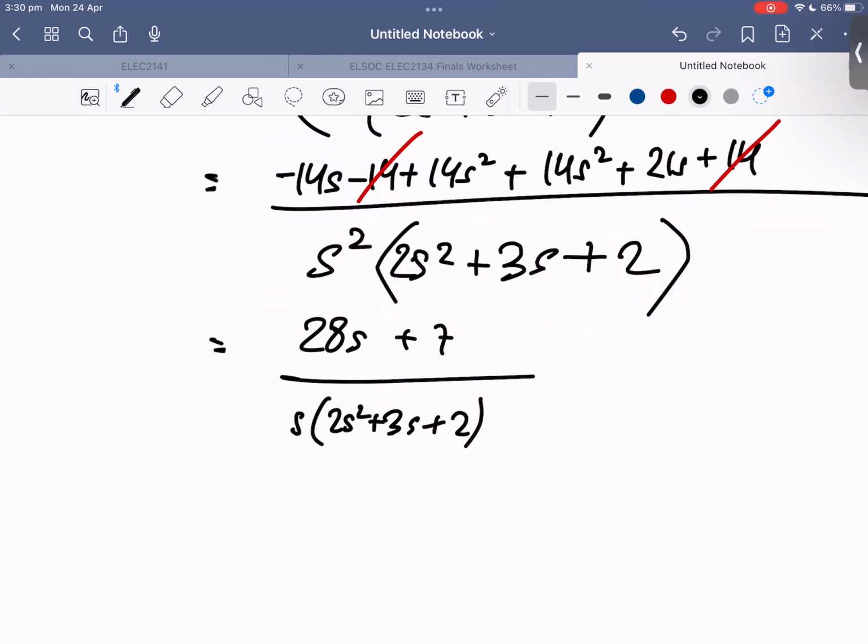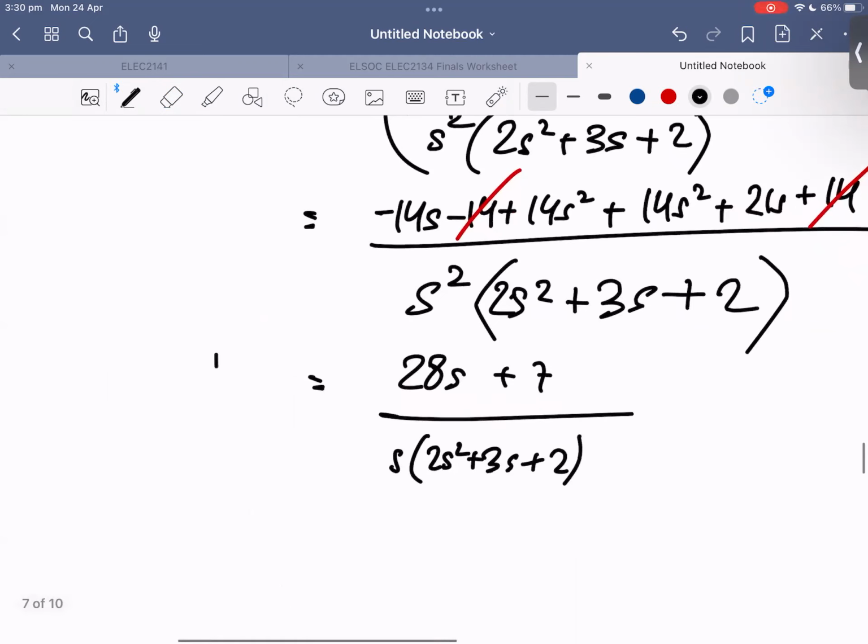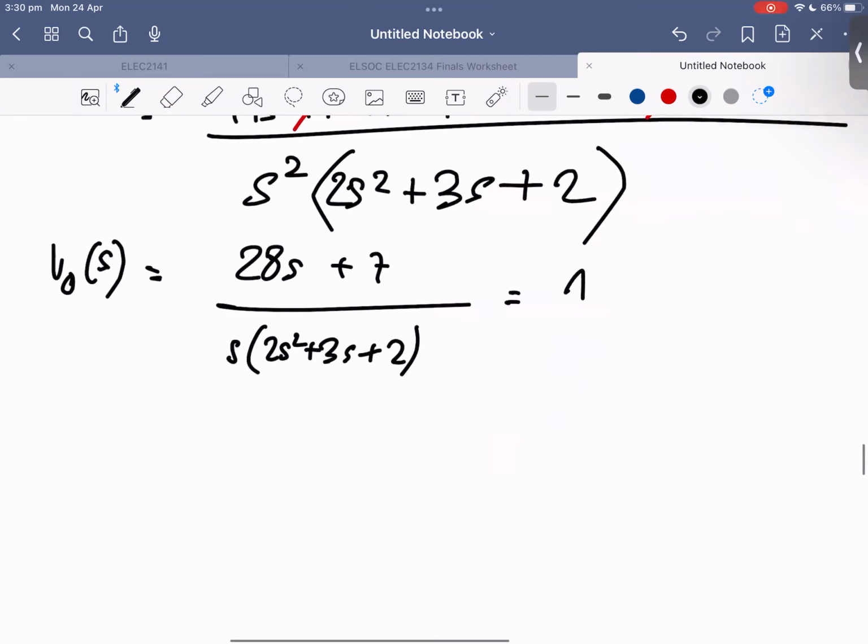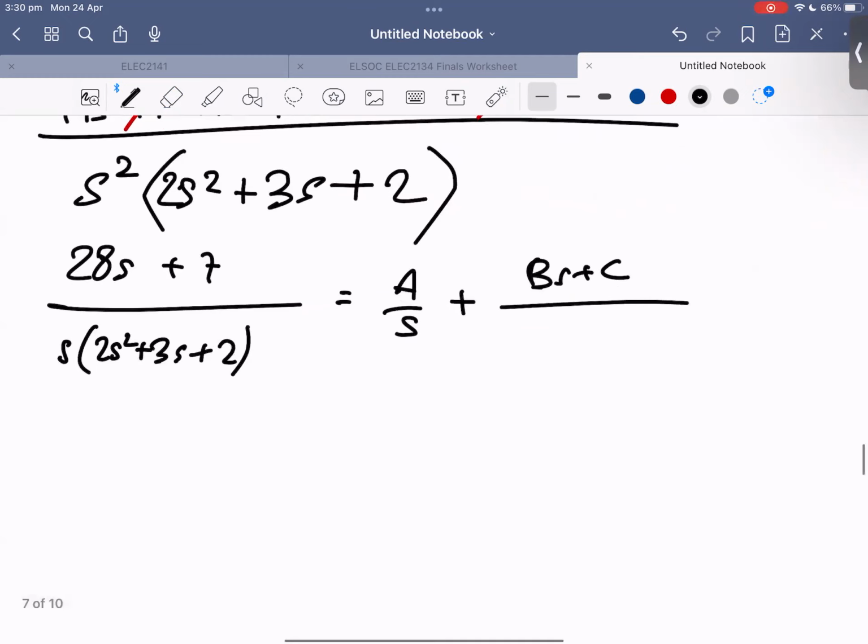Where you now have an expression for V0 of S, and transforming this into the time domain, you have to partial fraction it, because you need to separate the polynomials on the bottom. So let's just write this as A over S plus BS plus C over this quadratic, because I don't think this quadratic can be factorized unless I'm wrong.